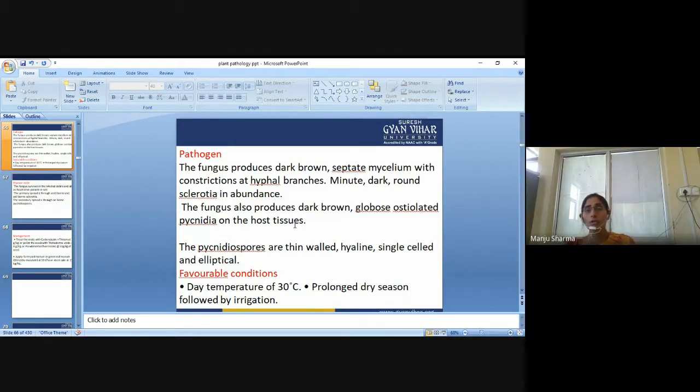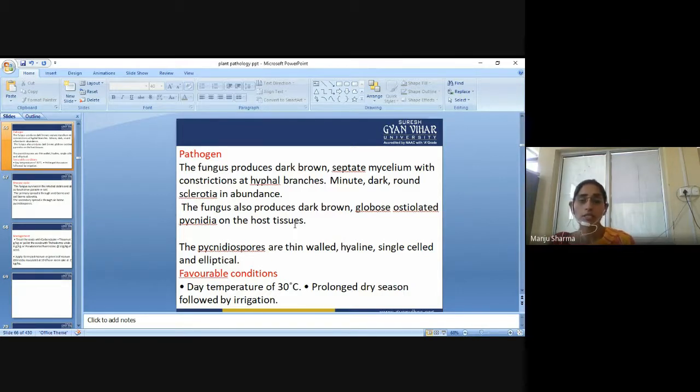The fungus also produces dark brown, globose, ostiolate pycnidia on the host tissue. The pycnidiospores are thin walled, hyaline, single celled and elliptical.